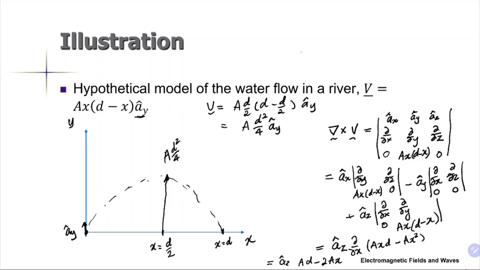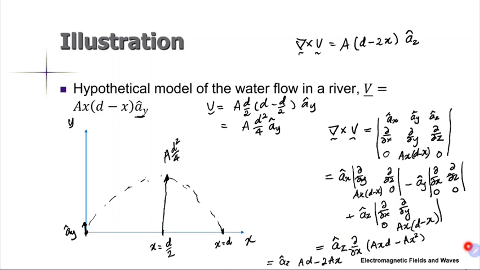Going to write it up here. So I can take a out, which is equal to d minus 2x in the z direction. Okay, so that is my curl.